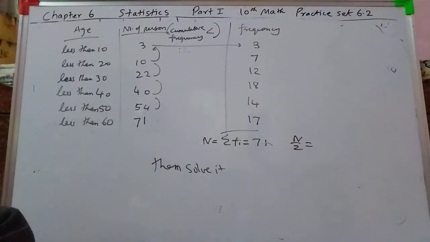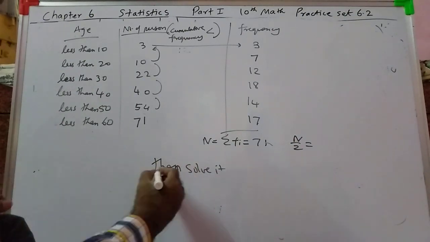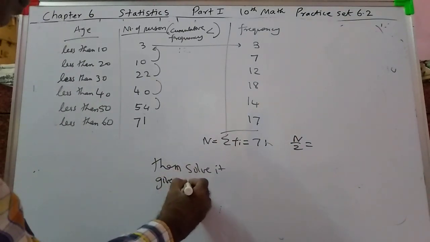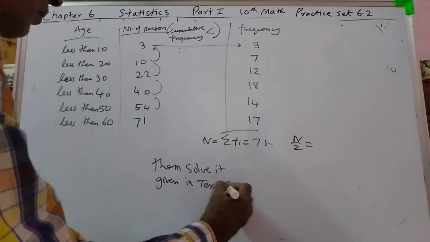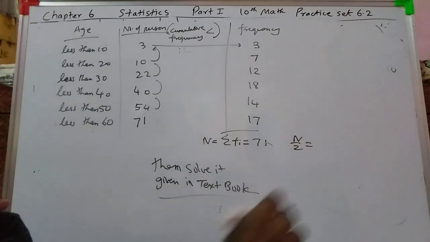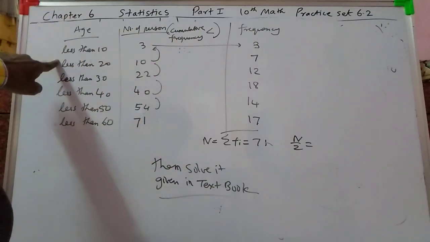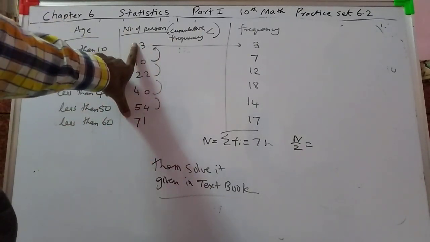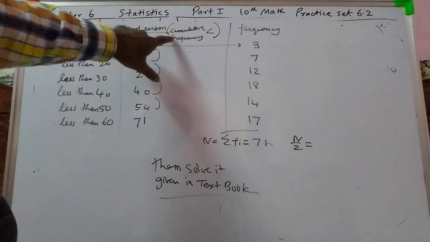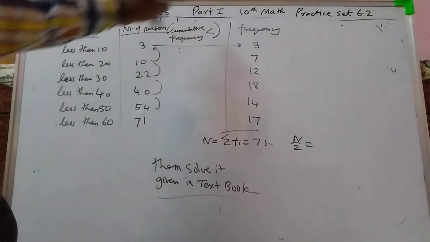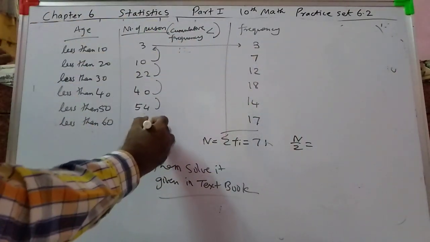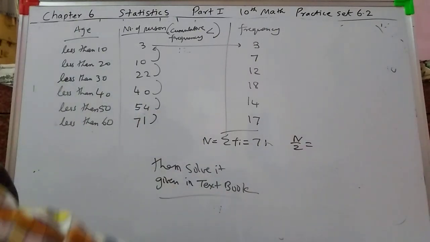Okay, remember that when less than is given, then this is not frequency, it is cumulative frequency. From there you calculate frequency. Okay. So I hope you got this. Now next we will do mode.